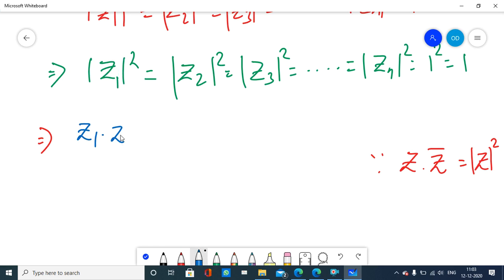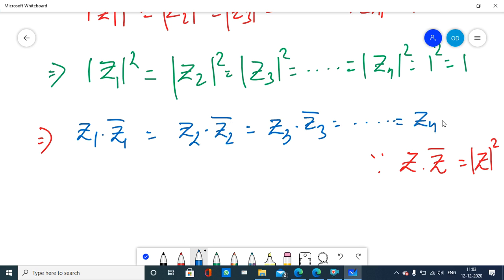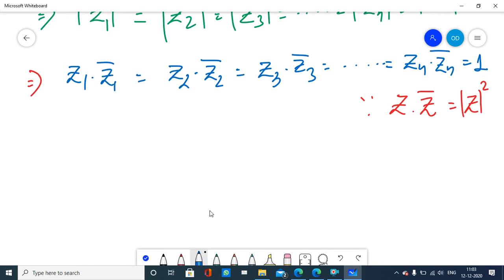So z1 mod square is the same as z1 into its what? Conjugate. Z2 mod square is what? Z2 into its what? Conjugate. Z3 mod square is what? Z3 into its conjugate. Get it? Z into Z conjugate, they are all equal to 1, right? Okay.